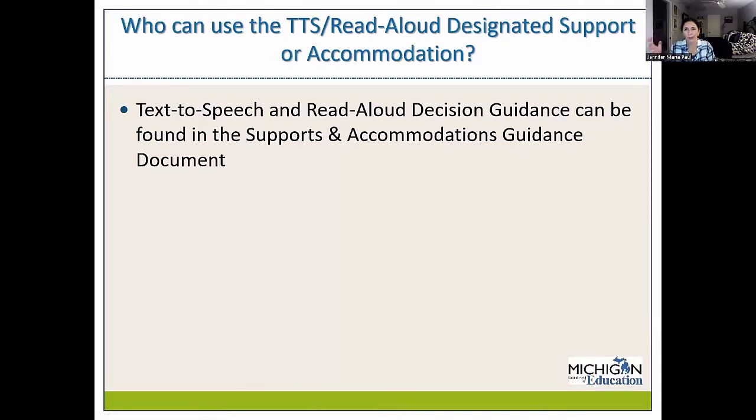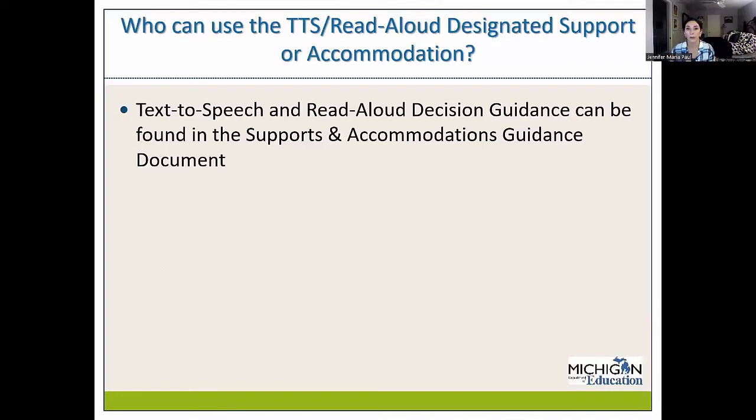So who can actually use the text-to-speech and read-aloud designated support or accommodations? Which students should benefit from using this type of support? There's some really great guidance in our supports and accommodations guidance document.